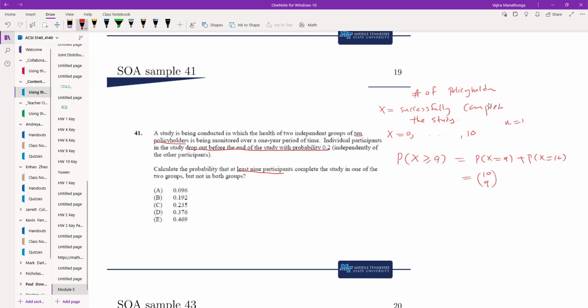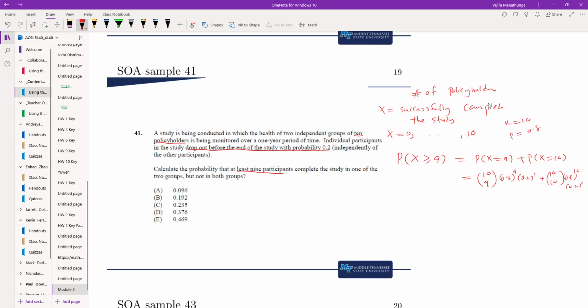So n is 10 and p is 0.8. And then everybody successfully completes this: 0.8 to the 10 times 0.2 to the 0. Okay, so that would give you, for one given group, the probability of at least 9 completing the study.